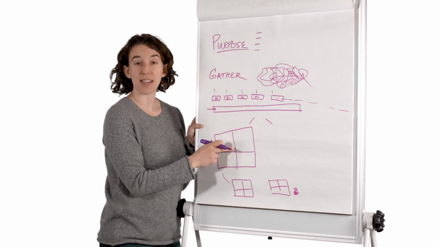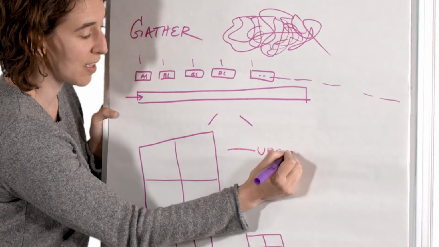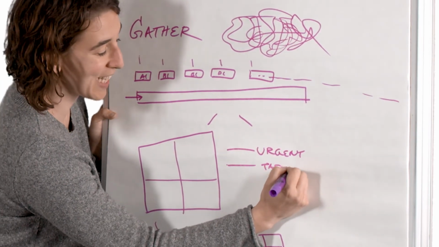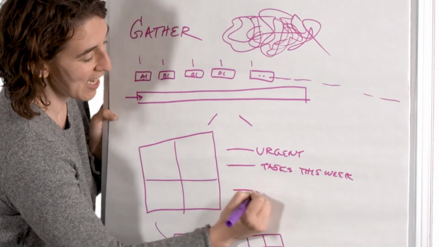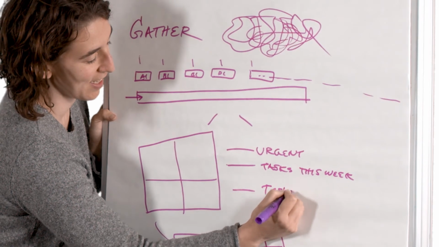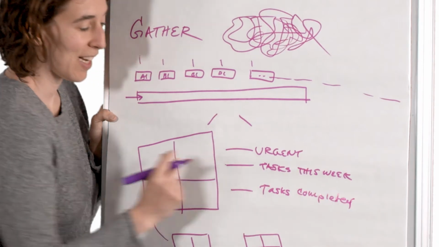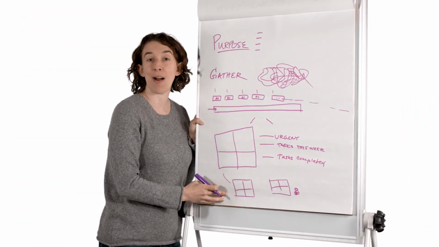And then I want to see the all tasks in a couple different ways. I want to see the urgent tasks. I want to see tasks this week. And I want to see tasks completed. So I can take this table and then filter it in new ways using views and have a couple other tables that are powering it.